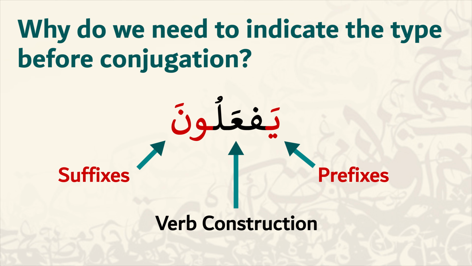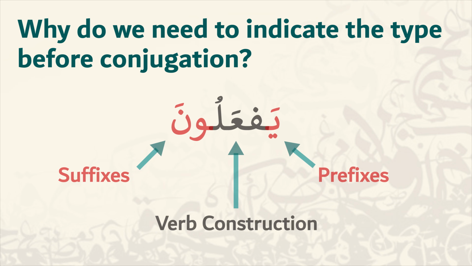Regular verbs undergo little deformation compared to the irregular verbs. And every time we conjugate a verb, we need to modify its construction based on its type. That's why indicating the type is really important.